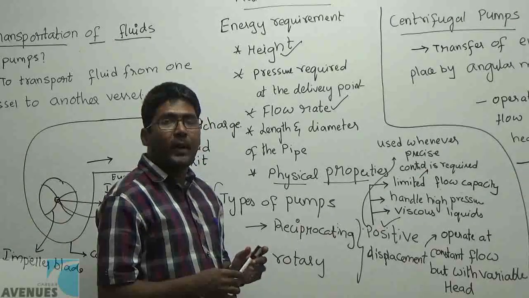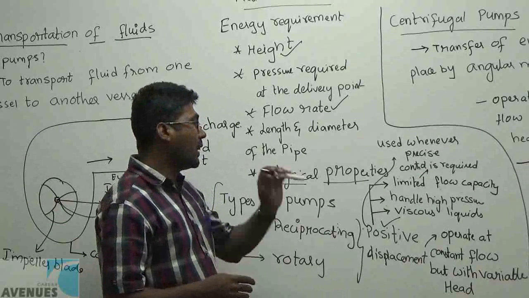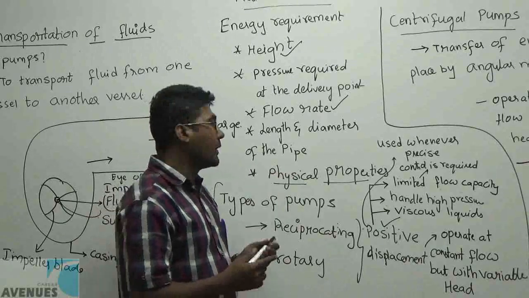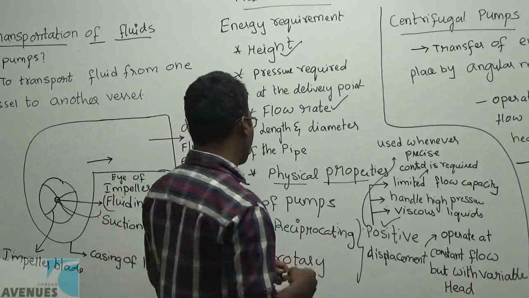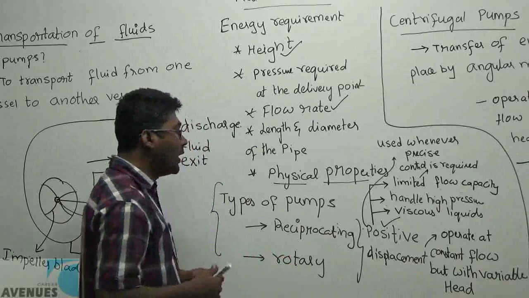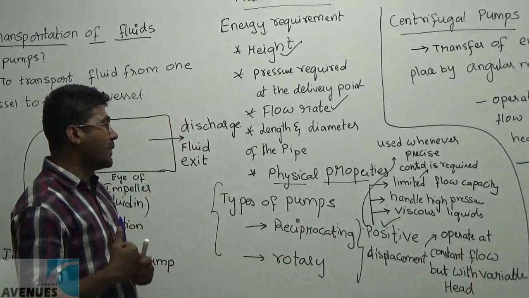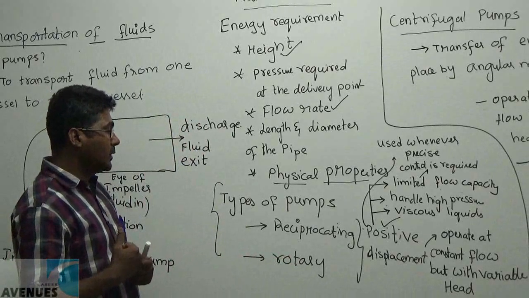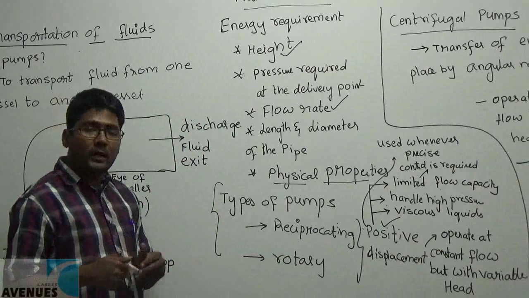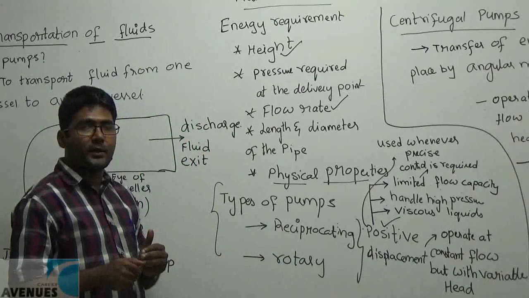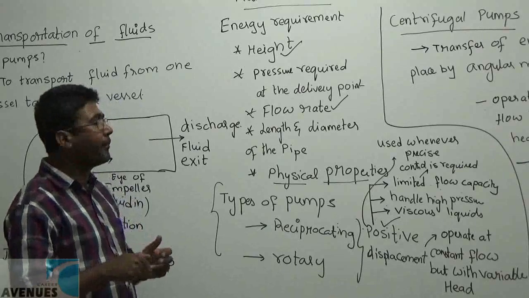It can operate only at a limited flow capacity, but however, it can handle relatively high pressures. So these are the advantages of using the positive displacement pumps. They are basically dependent on the reciprocating action or the rotary action of the impeller.